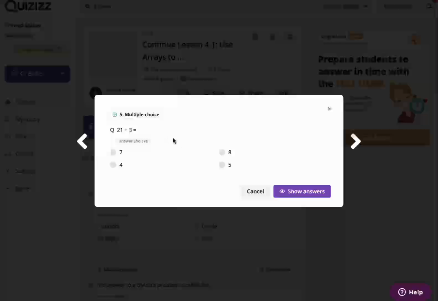21 divided by 3, of course, 7. 16 divided by 2 equals 8. 48 divided by 8 equals 6.